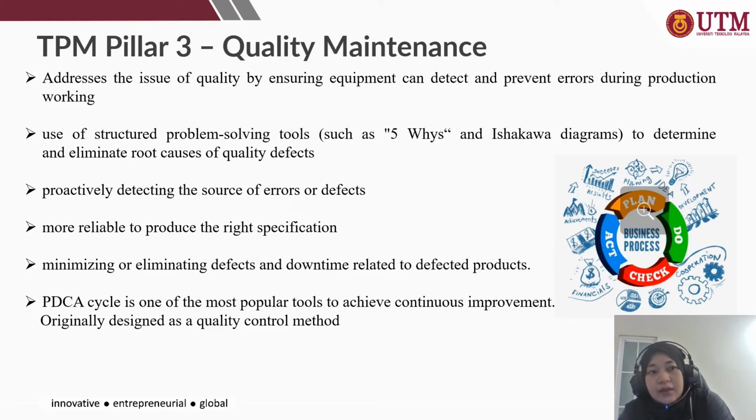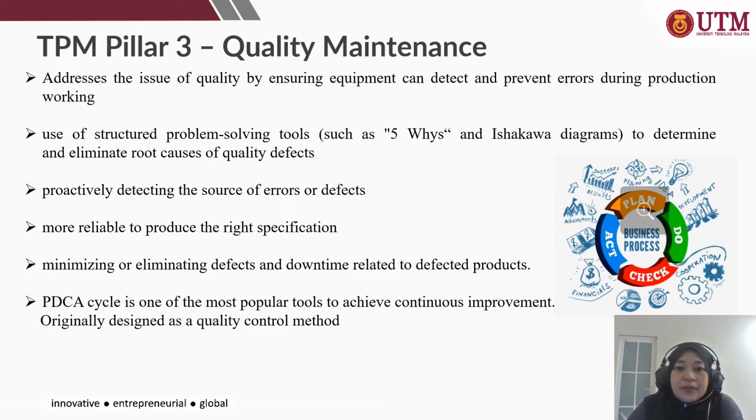We need to spend a lot of money to rectify the problems. So instead of just directly rectifying the defects, we can structure the problem solving by identifying the root cause of the defects.